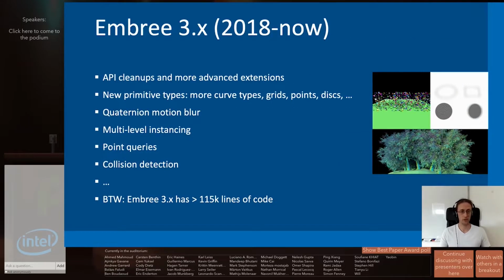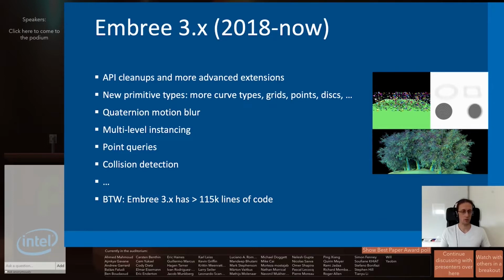Very briefly to Embree 3. This started in 2018 and goes to this date. What we did there is basically cleaning up the API, removing the inconsistencies, but more focusing on advanced features. So we introduced yet another data primitive types like grids, points, discs, and various curve types.